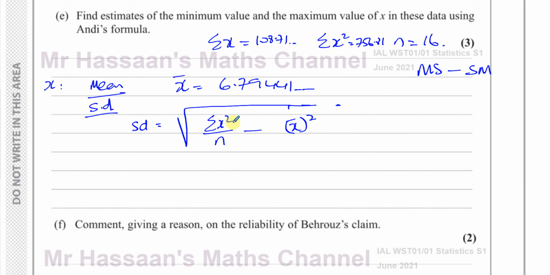The mean of the squares minus the square of the mean.